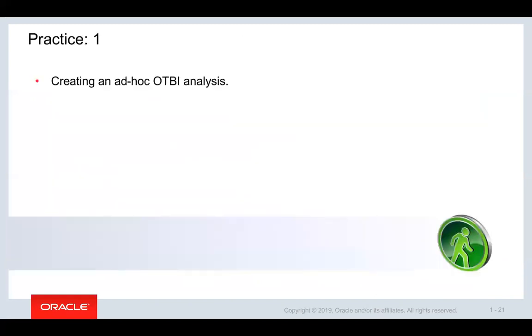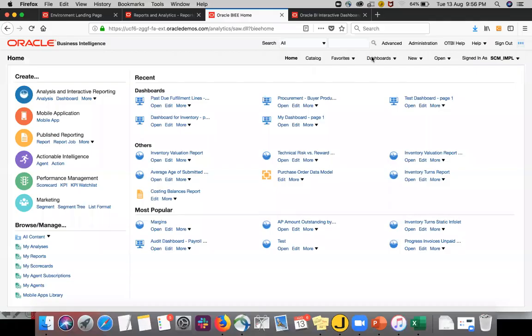And then let's do a couple of simple exercises. First one is to create a simple ad hoc OTBI analysis. So for this analysis, we will navigate to the BI Answers, as I explained earlier in the navigation.